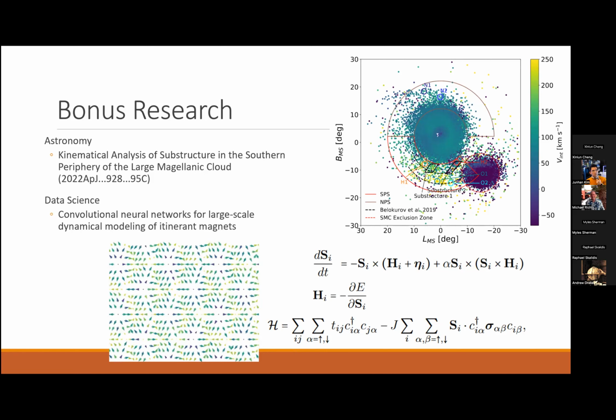And in terms of data science, I'm working with a bunch of people from the physics department on a joint project in convolutional neural networks for large-scale dynamical modeling of itinerant magnets. For those of you that have been to the pizza lunch today, this is the particular one that I introduced.